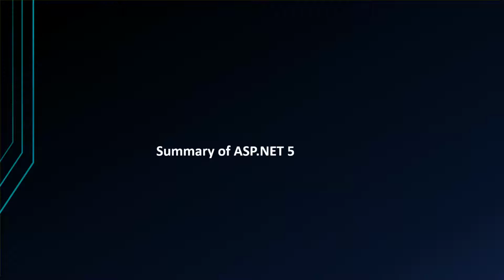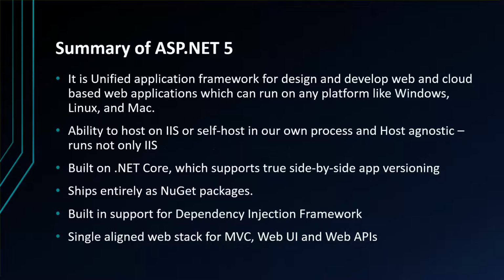This is the summary of ASP.NET. I am almost finished giving complete information about ASP.NET 5 and MVC 6. Let's go through the summary, in a nutshell, of what we have discussed so far. ASP.NET 5 is a unified application framework for designing and developing web and cloud-based web applications, which run on Windows. Apart from Windows, it also supports Linux and Mac OS.